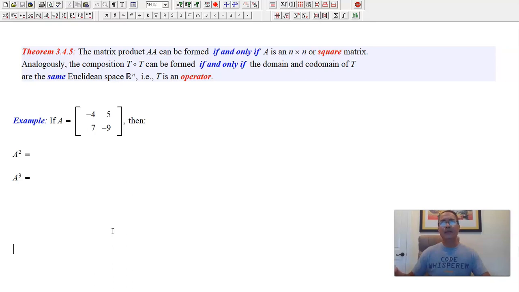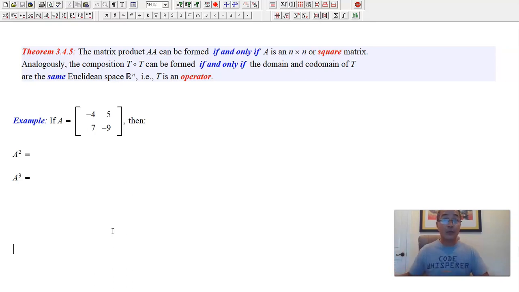If A were 2 by 3, and then you multiply by A, so you have 2 by 3 multiplied by 2 by 3. Oh, but wait a minute. The number of columns is 3 on the left. The number of rows is 2 on the right. That's not compatible. So what has to happen? If you have an m by n matrix and you want it to be compatible with itself, then the number of columns must be the same as the number of rows.